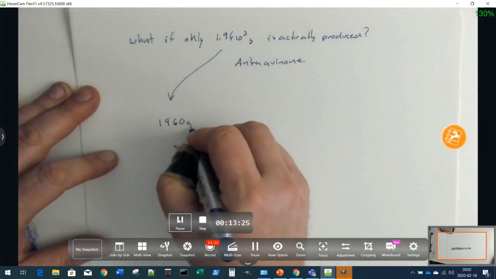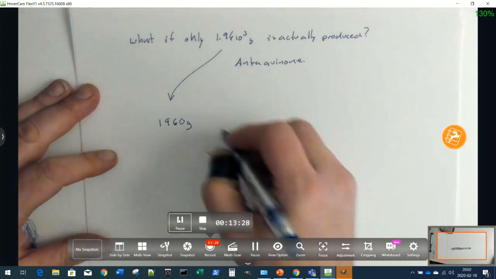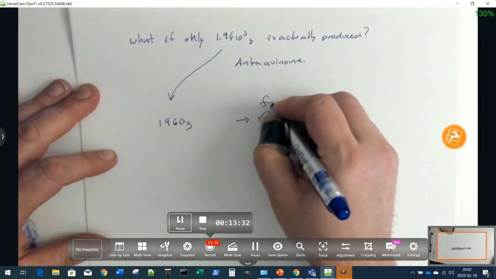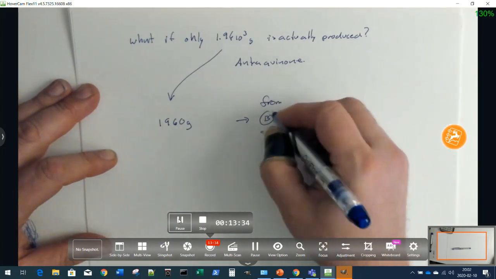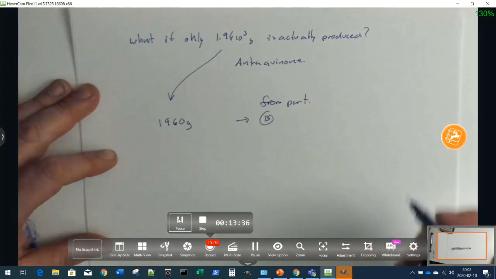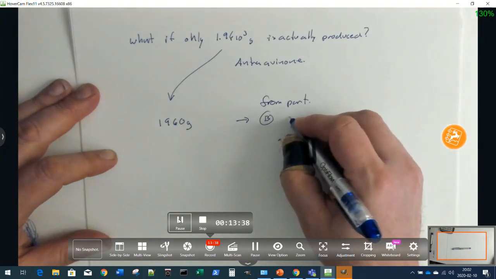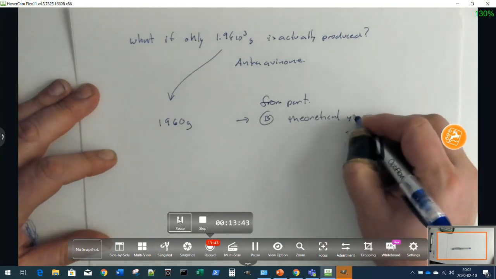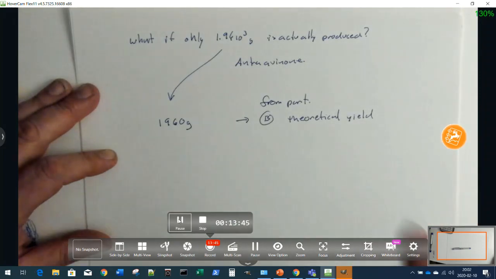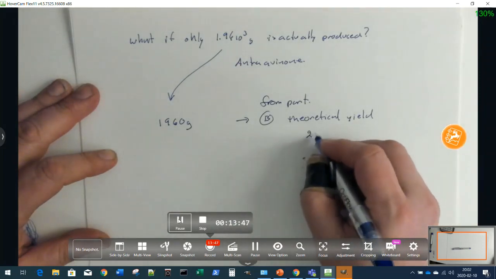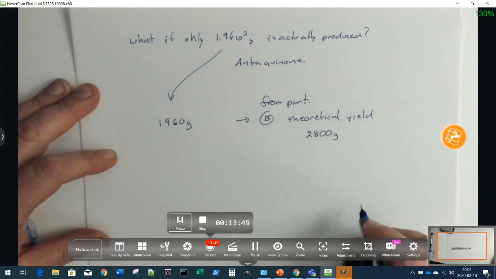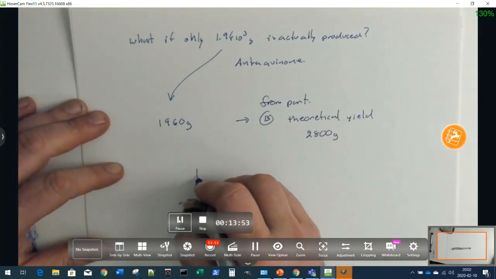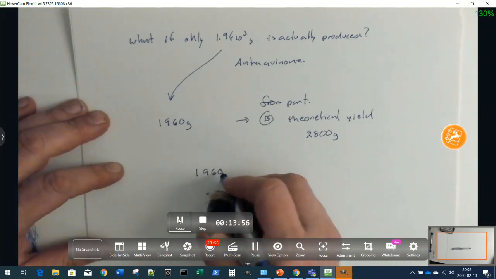So what do we actually get? Well, if we convert this, it is 1,960 grams. And from part B of the question, we get the theoretical yield. If everything goes according to plan, this is what you should get: 2,800 grams.